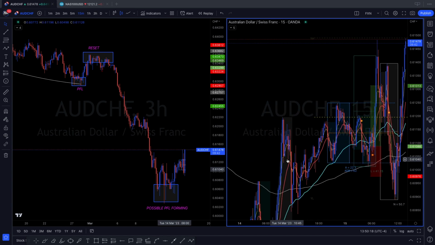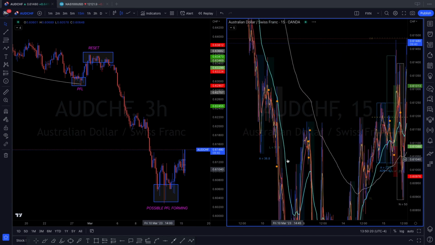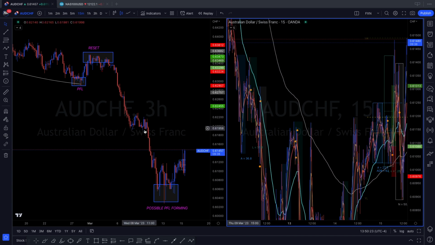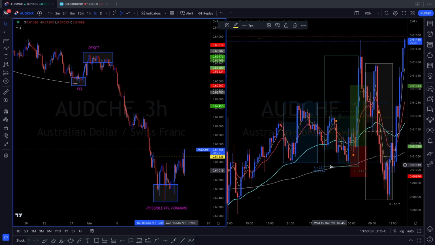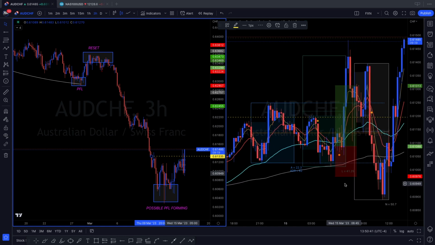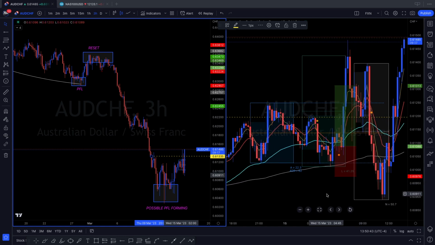Also, if you look again to the left on the 3-hour time frame, you can see that the highs you would want to aim for are going to be right here. So that is where you're aiming for, and this is where you should put your stop loss for a type 2 pattern, at least for this specific example.